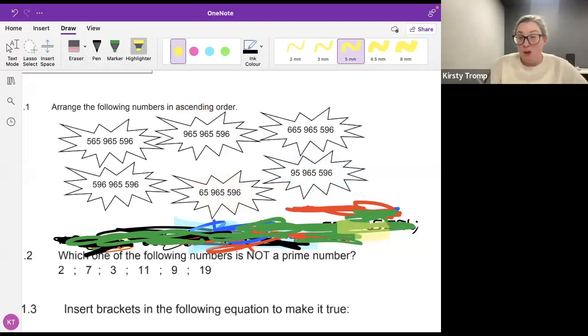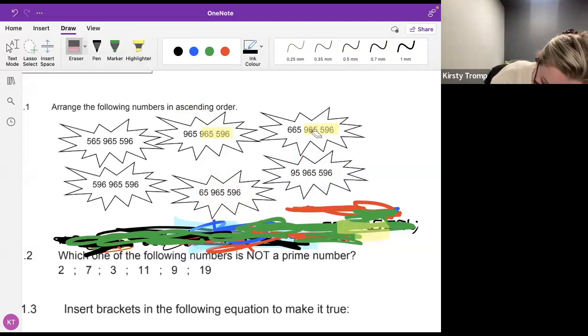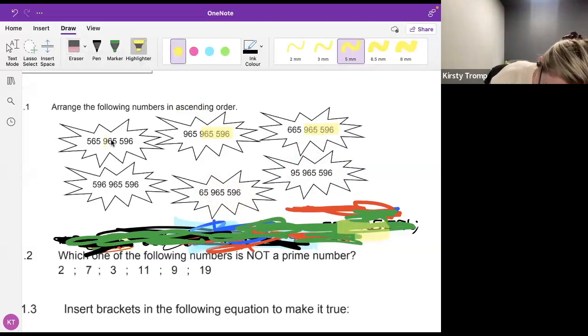Let's have a look. So when I looked at it, I noticed that these last few numbers, 965,596, 965,596, 965,596, 965,900.